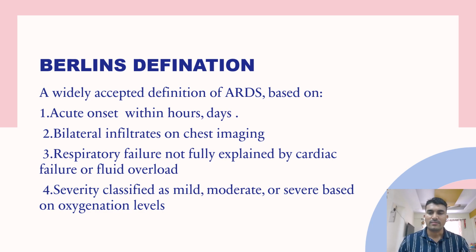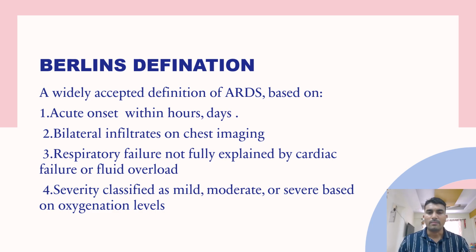So basically, friends, in ARDS patients we do 2D echo of the patient, which has a normal study, and ECG and NT-proBNP tests, which also present normal values, but still there is volume overload in the patient, which is not fully explained by the cardiac failure.